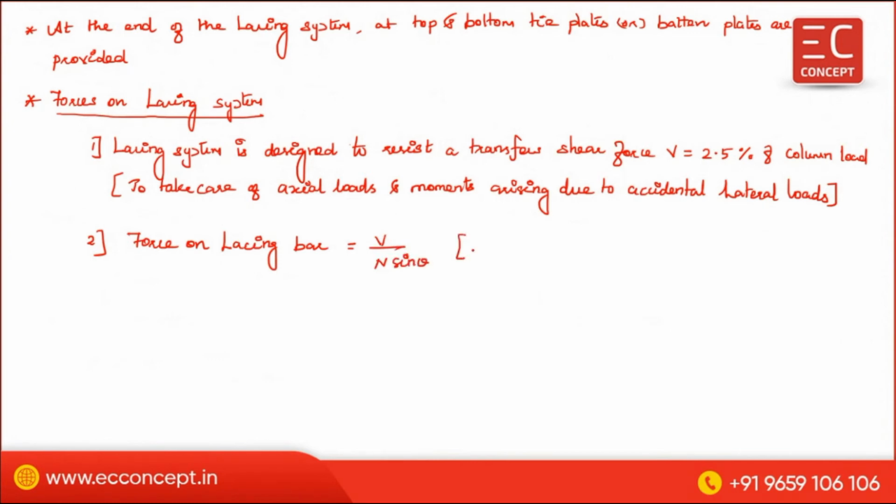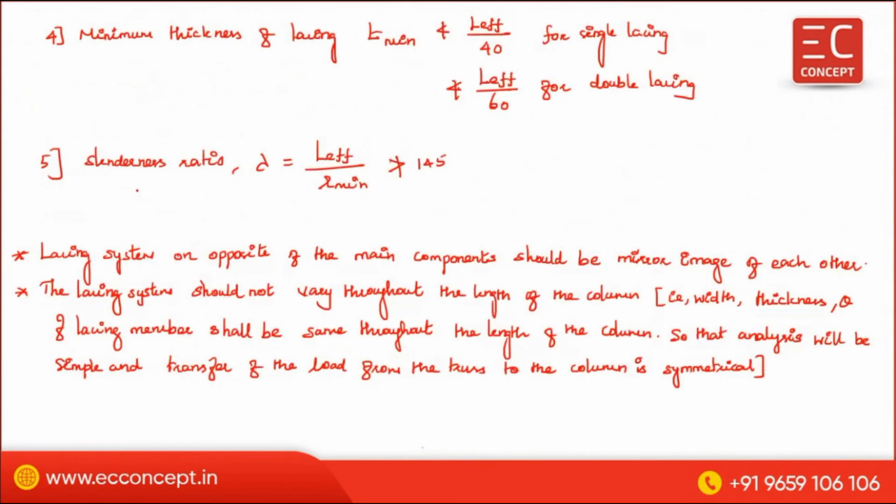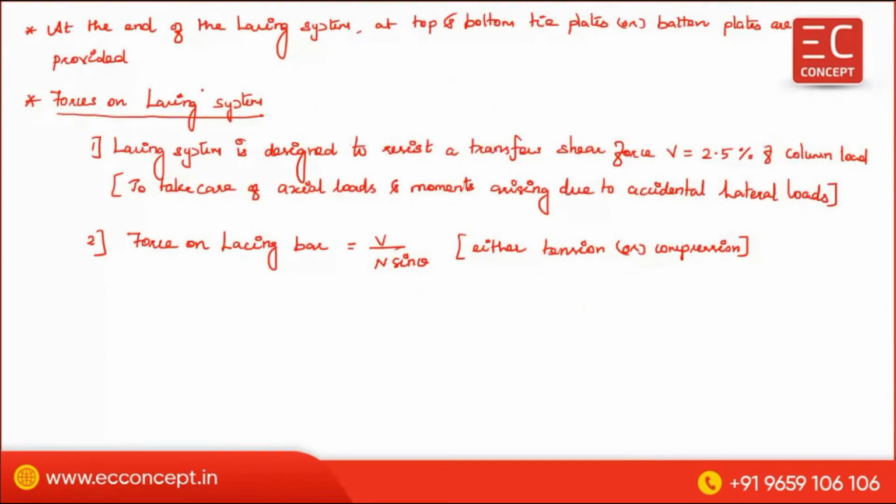It can be either tension or compression. Meaning of this is, suppose this lacing member is subjected to tension, then automatically this is subjected to compression, vice versa. If it is subjected to compression, then this is subjected to tension. Understood, right? So that is the meaning of this.